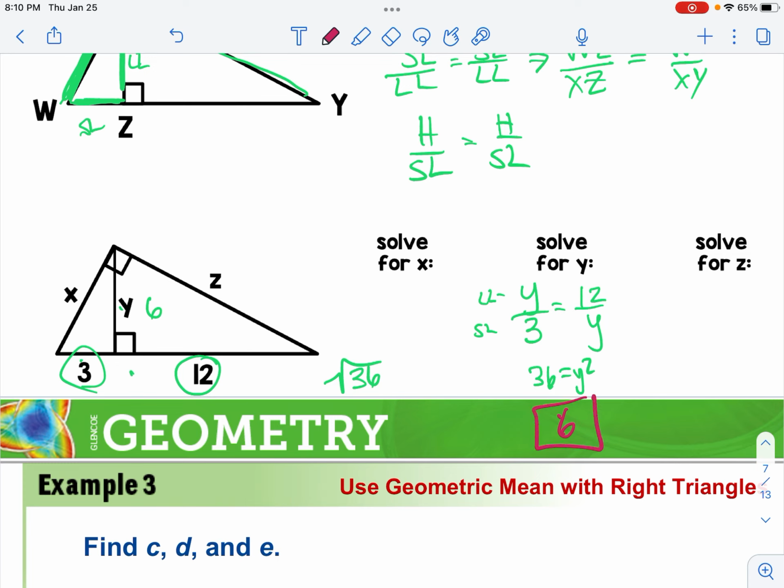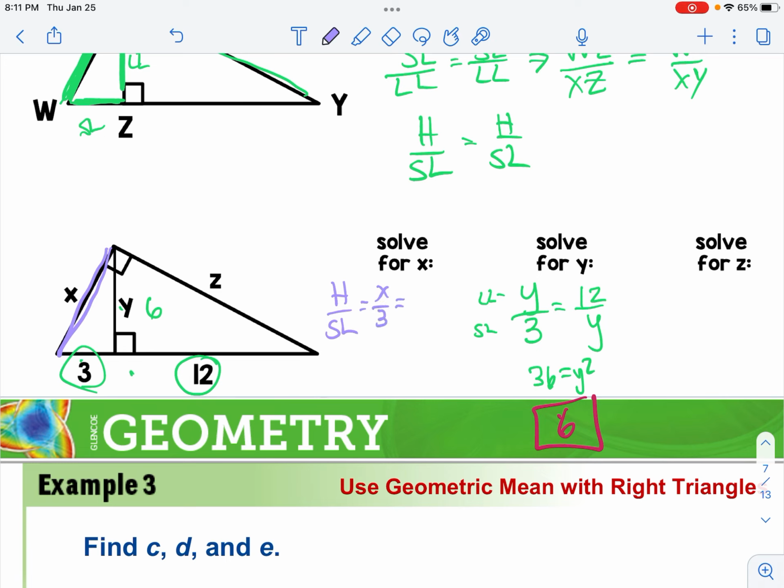Now I'm ready to solve for the other ones. Let's go ahead and solve for x right now. For x, I'm going to do my hypotenuse over my short leg. So my hypotenuse is x on this one, because that's what I'm solving for, and the short leg of that one is 3.